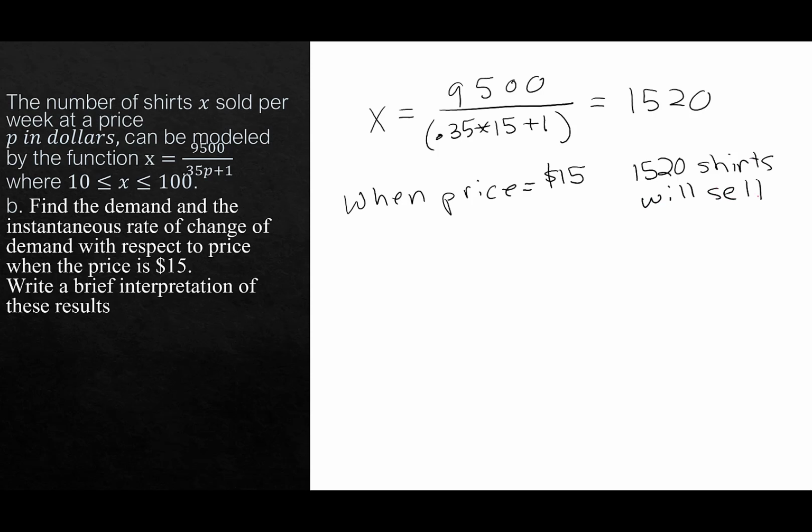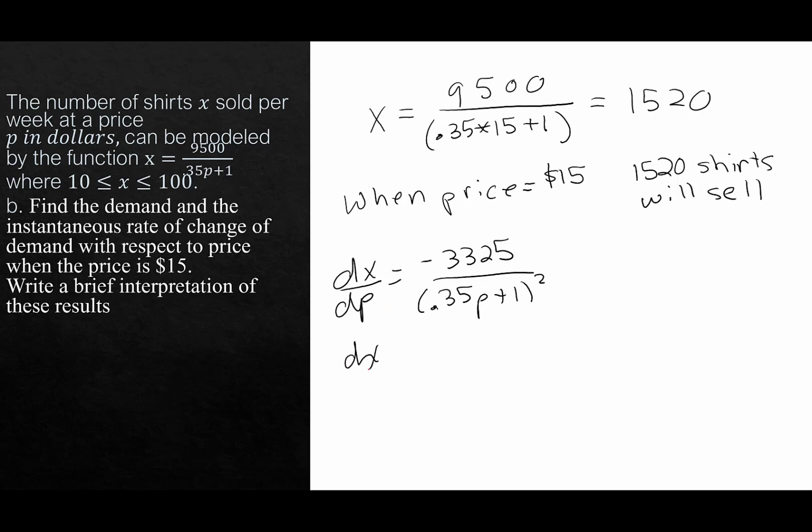Right, we're also supposed to find the instantaneous rate of change of the demand. So remember, we just found dx/dp to be equal to negative 3,325 over (0.35p plus 1) squared. What do we want to do? We want to put in the value of 15.